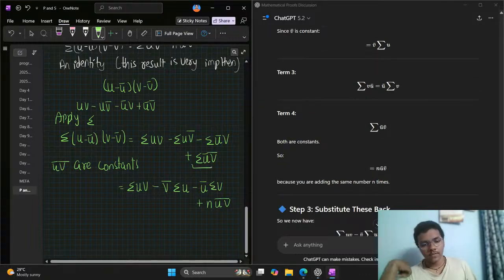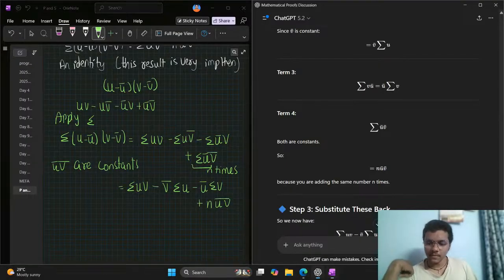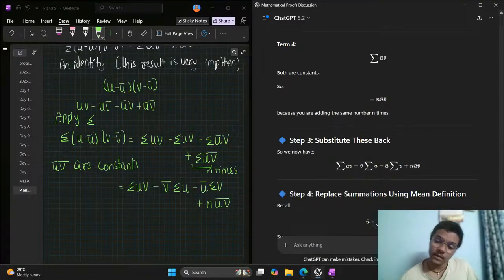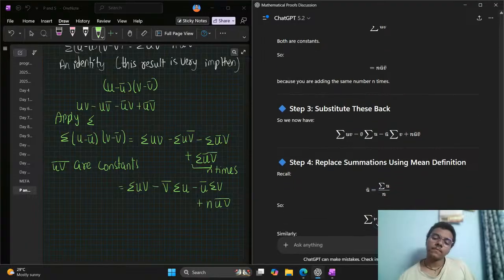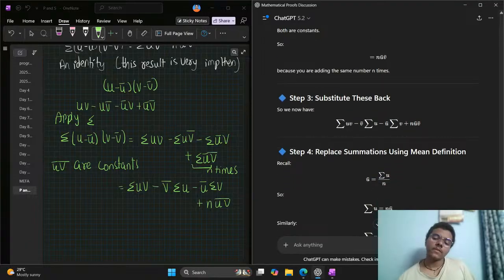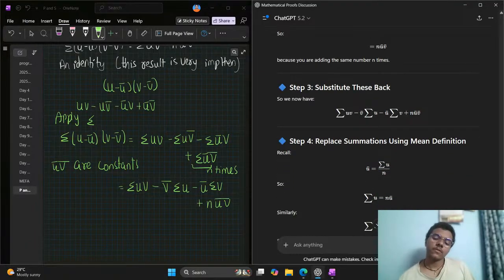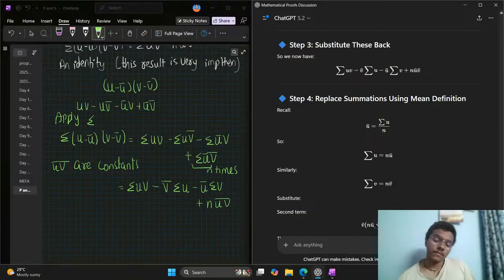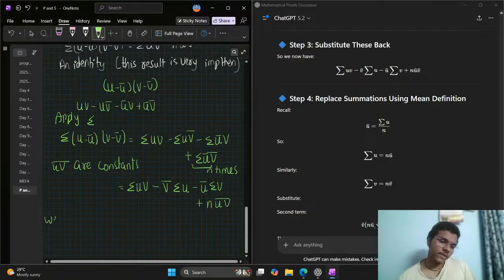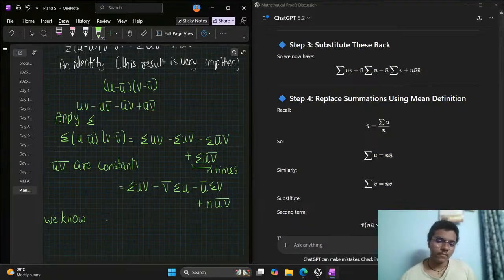Adds n times. Yeah, everything is n times. Replace summation using mean definitions. Okay. We know u bar is sigma u by n.